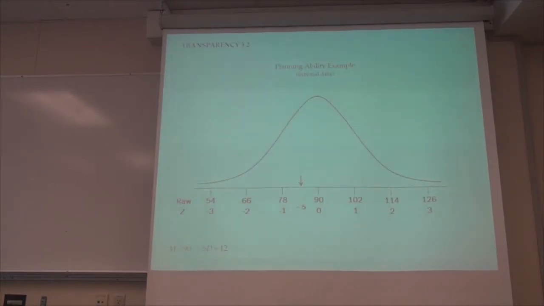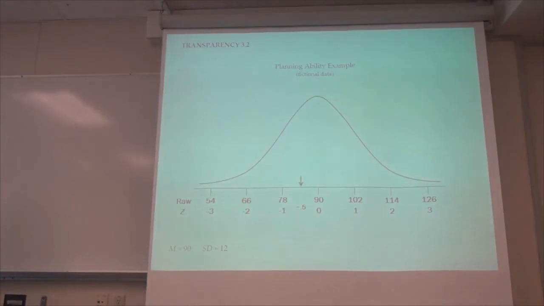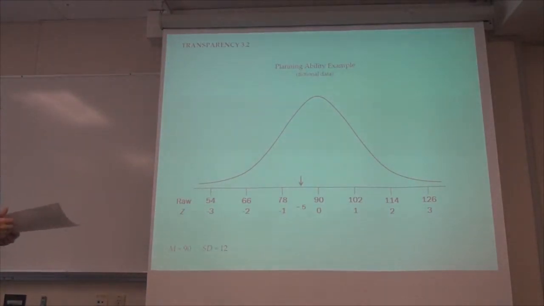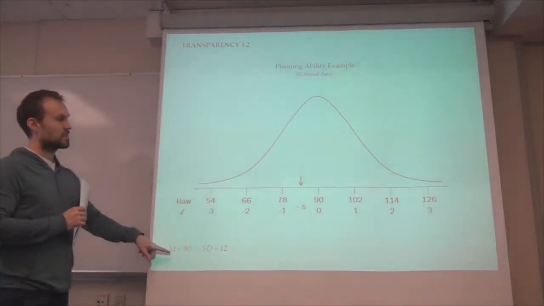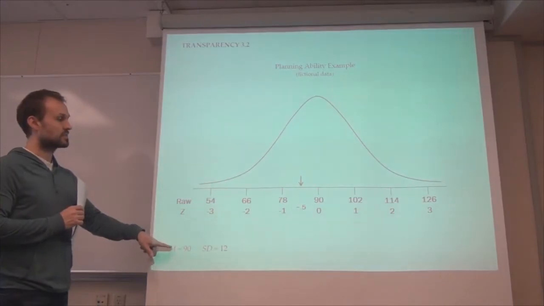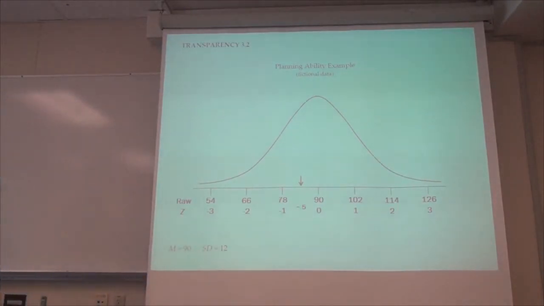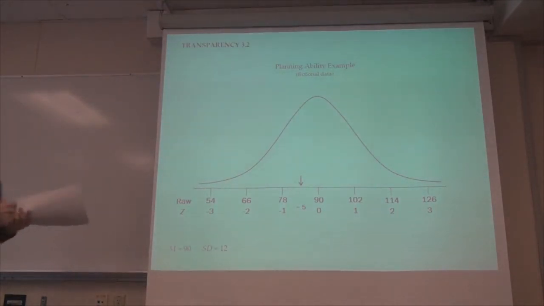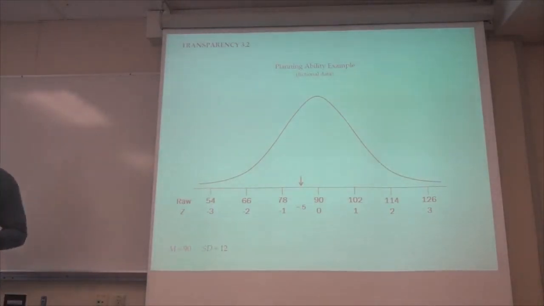So if I have some sort of rating for a person's planning ability, whatever that survey may be, and I get a value of 84. Now in this distribution, the mean, the average, is 90, and the standard deviation is 12. If I have a score from a person of 84, how good or bad is that? I can't necessarily just compare 84 to 90.